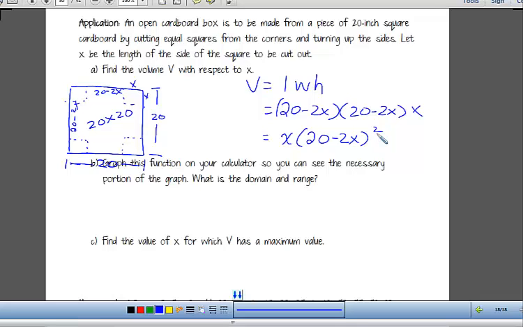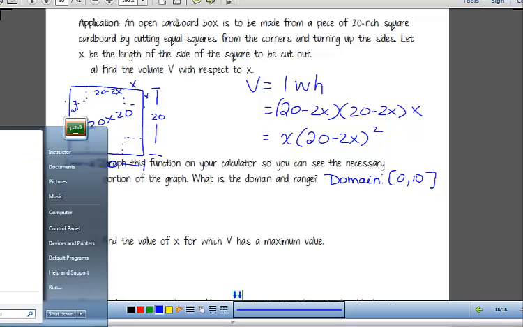And what's the largest that it could be? 20, or probably more like, if we've got to get one from each corner, it has to be what? 10. So our domain, even before we graph it, is going to be 0 to 10. Okay? All right, so let's see what we can get on our calculator as far as a graph.